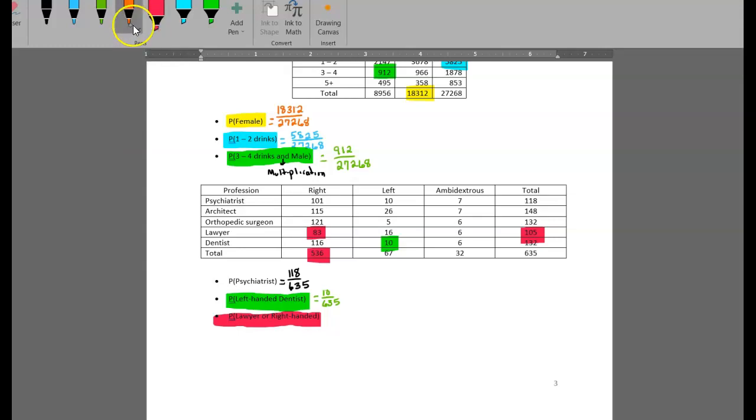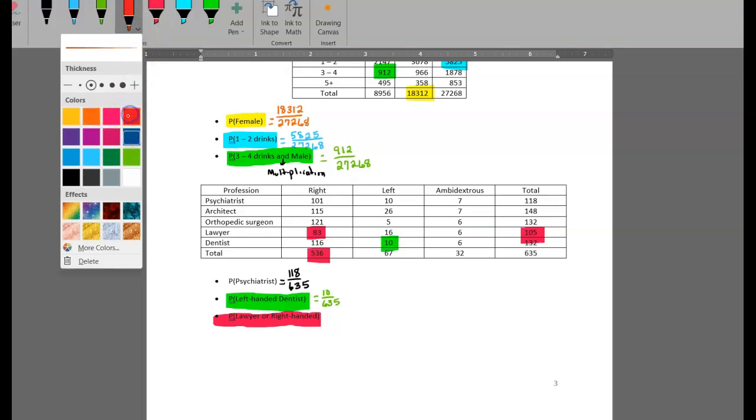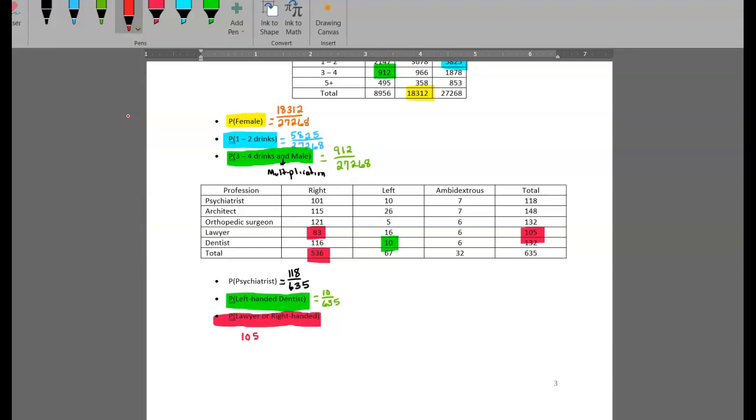So what we really want to do is, we have 105 lawyers, 105 out of 635. Again, an OR statement is we add. We have a total of 536 right-handed people, 600 out of 635, but we overcounted 83 of them. That is how we would set up this problem to figure out what the actual probability is.